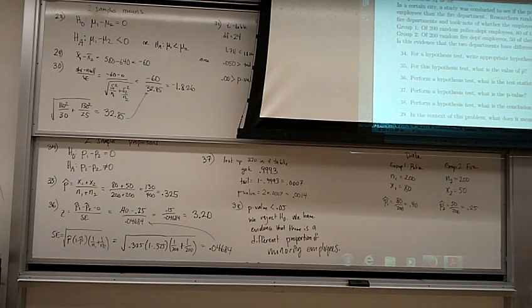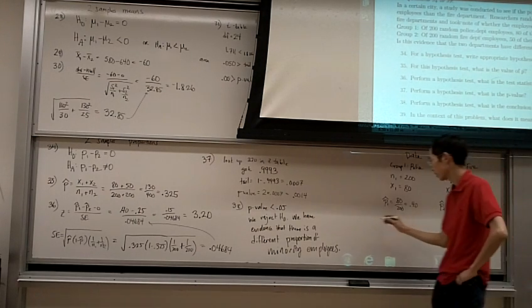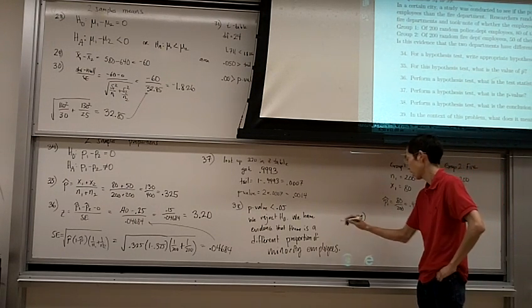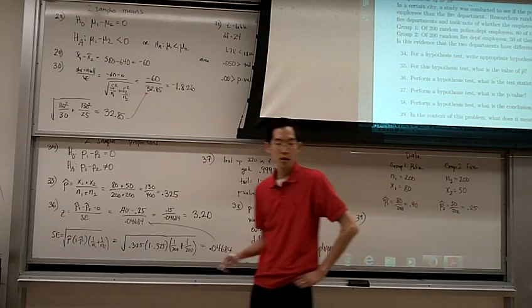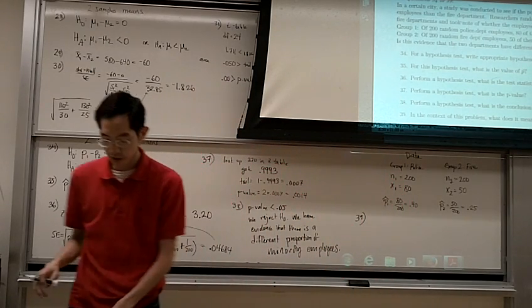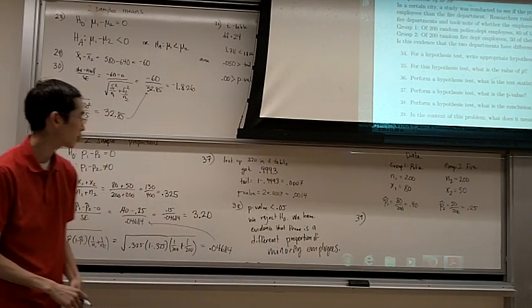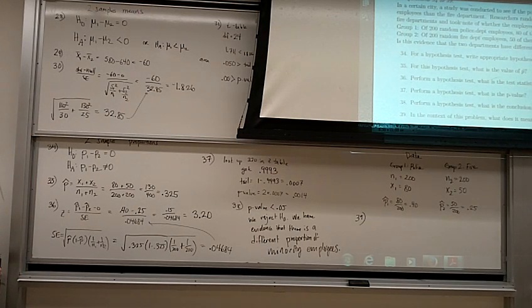39 asks, in the context of this problem, what does it mean to commit a type 1 error? A type 1 error means the null hypothesis is actually true, but we've rejected it.